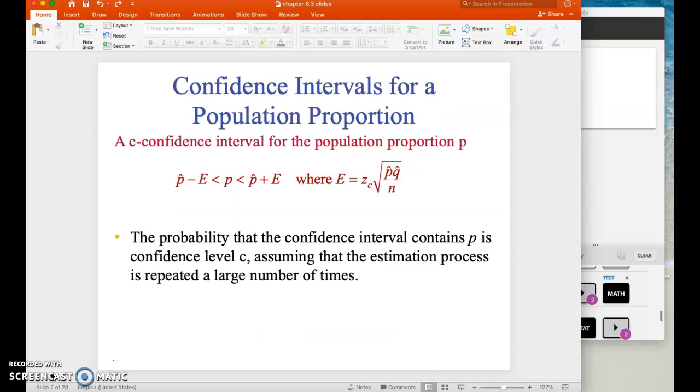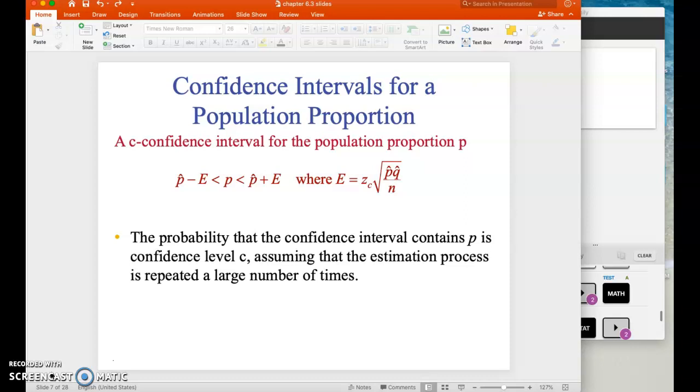Now let's talk about confidence intervals for a population proportion. Constructing a confidence interval for a population proportion P is similar to constructing a confidence interval for a population mean. You start with a point estimate and calculate a margin of error.